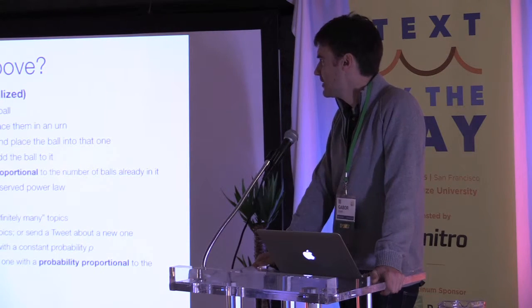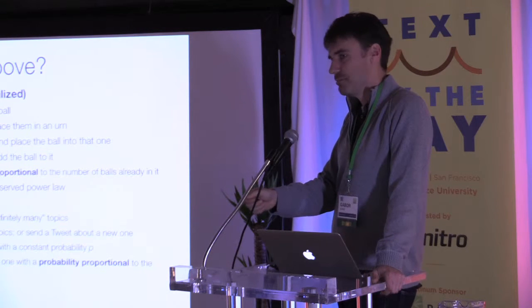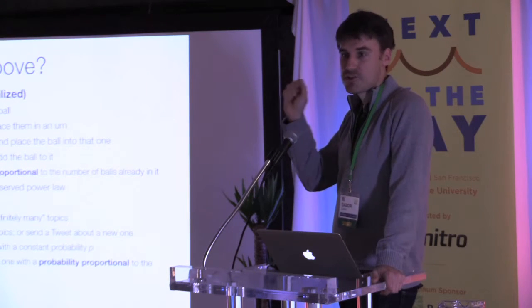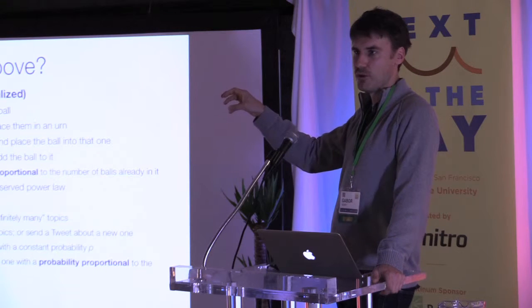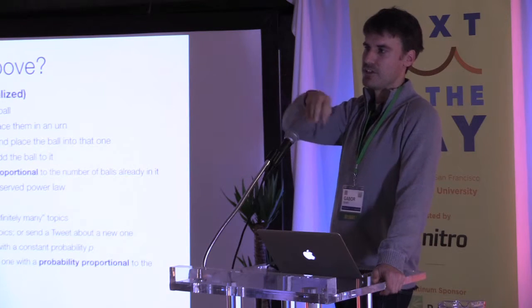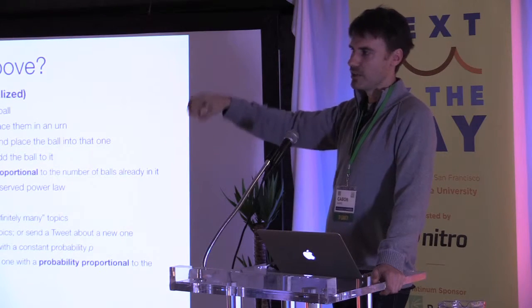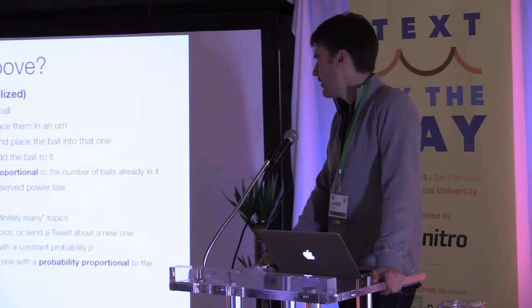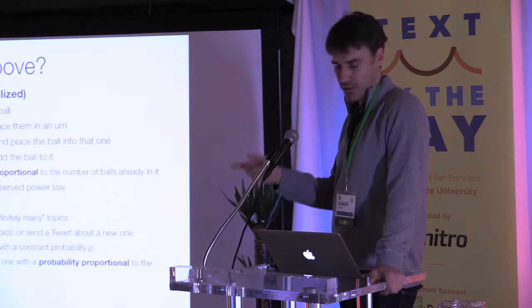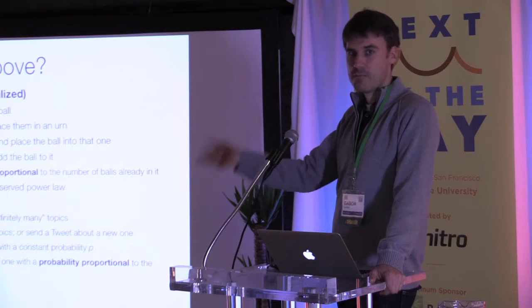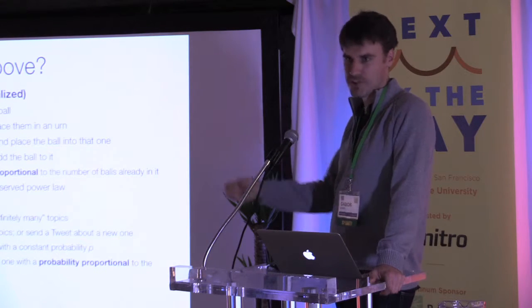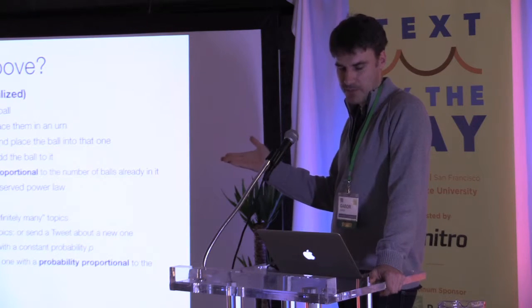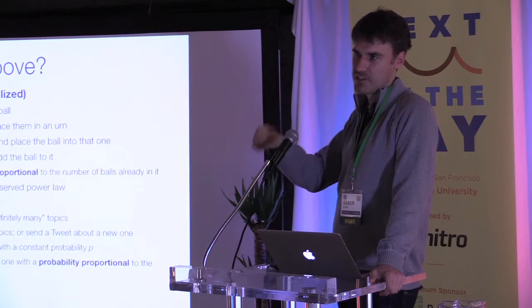The interesting part is that with a given probability P, we can also create a new urn. So when we have a new ball, we can either drop it into one of the existing urns, or create a new urn and drop the ball there. With probability P we create a new urn. But in most cases, with probability 1 minus P, we drop it into one of the existing urns.